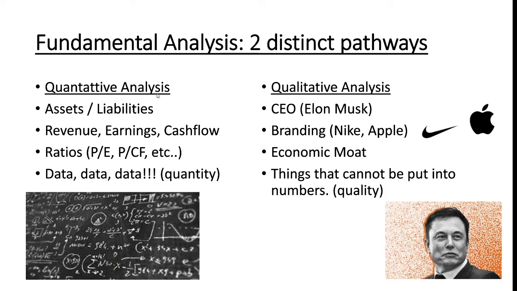Now, on the more boring side, some people might say, but this is actually my favorite, it's quantitative analysis. This is where you look at the numbers, essentially. That's why I'm illustrating it with this picture. You look at their balance sheet, you look at the assets, you look at liabilities, you look at all the numbers, you look at revenue, earnings, cash flow, then you do some math, ratios, price to earnings, price to cash flow, data.